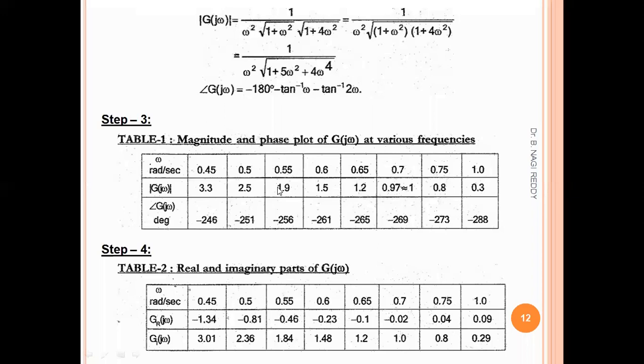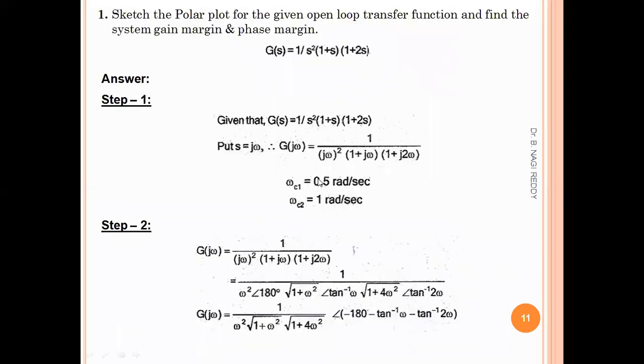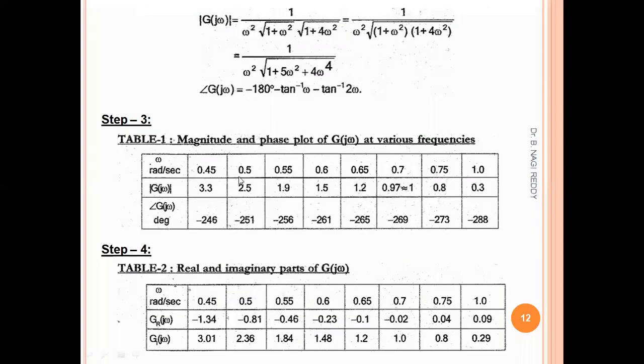To get an accurate plot, consider a few points below the corner frequencies and in between the corner frequencies. Below 0.5, take 2 points. In between the corner frequencies, you may consider 3 to 4 points also. So in total, we need around 7 to 8 points so that we can draw the polar graph properly or precisely.